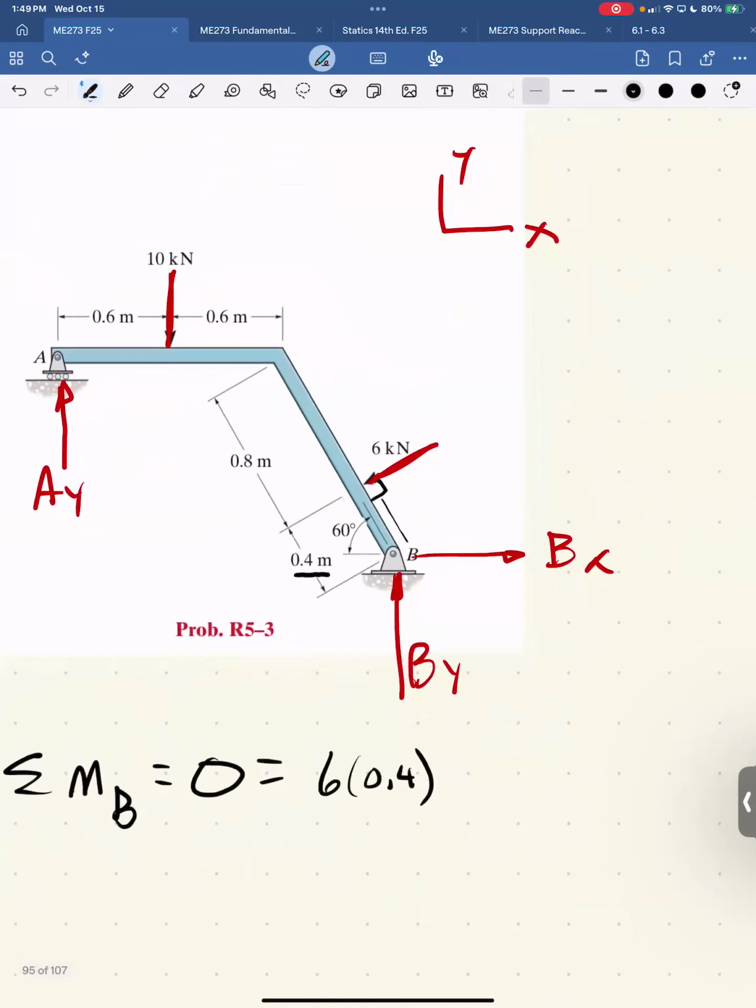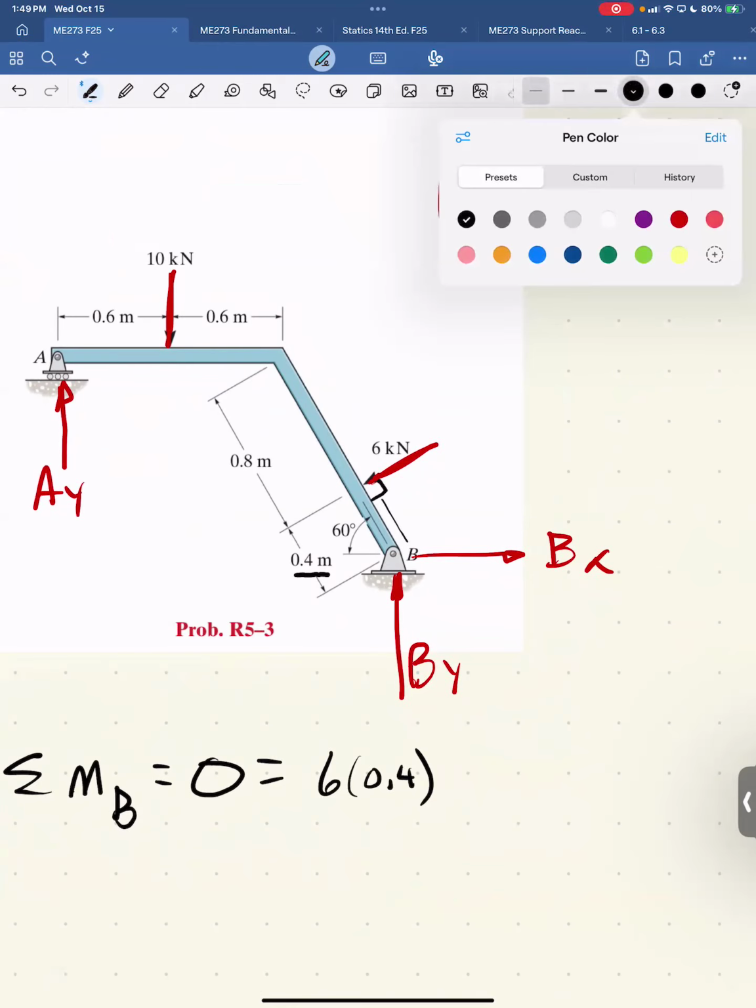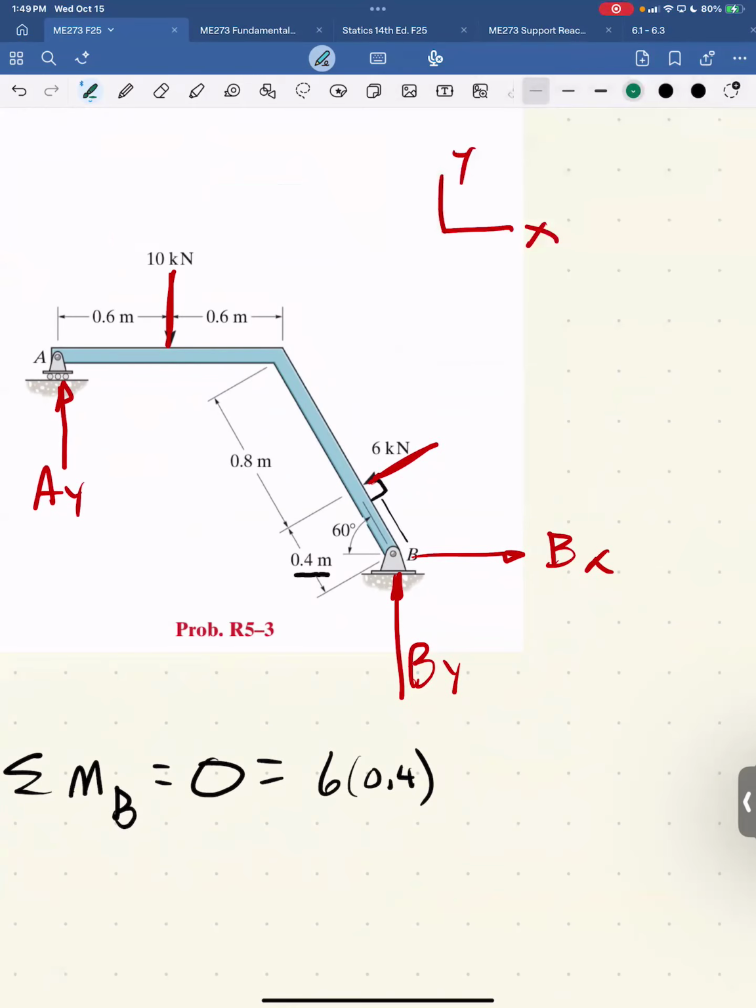The 10 kilonewton force, we need this distance and this distance here. The entire length of the bar is 1.2. So this distance is 1.2 cosine 60, and this distance here is 1.2 sine 60.